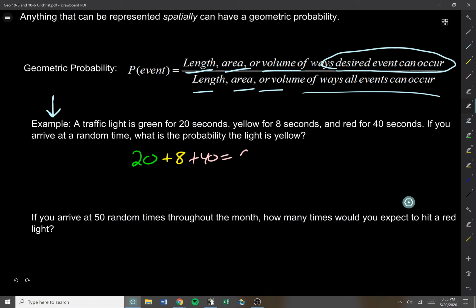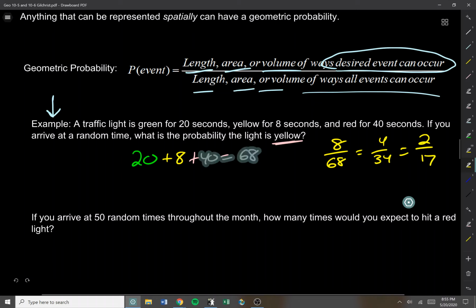So altogether there's 68 seconds for one whole cycle of this light. If we're going to come when it's yellow, that's just going to be 8 out of 68, which can reduce to 4 out of 34, which can reduce to 2 out of 17. That's a great way to think about it, just numerically.